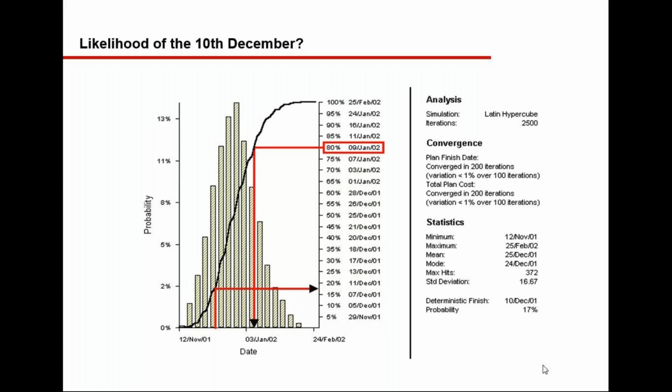There is something called Monte Carlo simulation, which we will see sometime soon. The mathematical process which happens based on your inputs, that we will see now. So there is a 17% probability that we will be able to complete the project on 10 December 01.